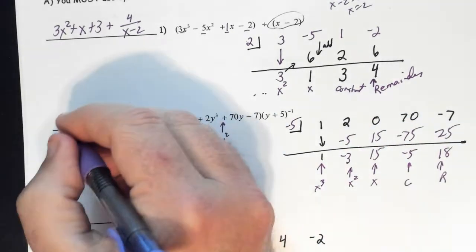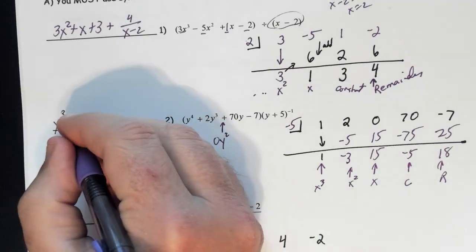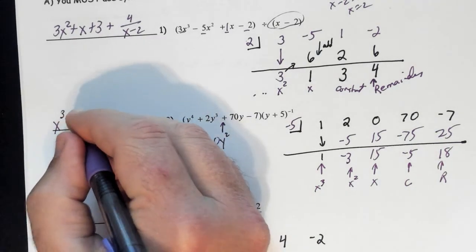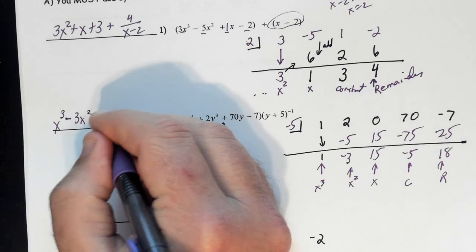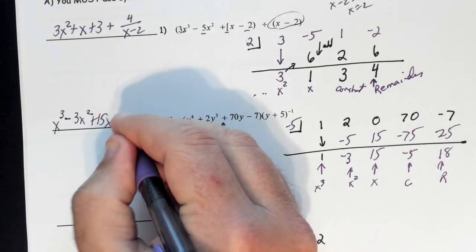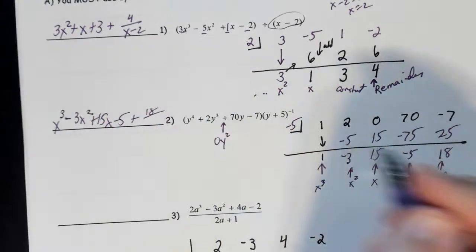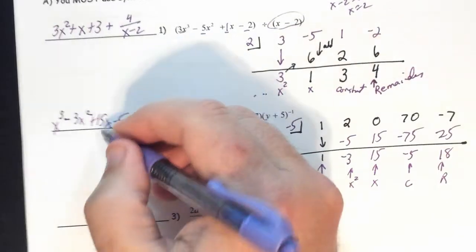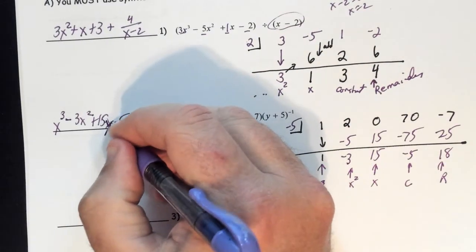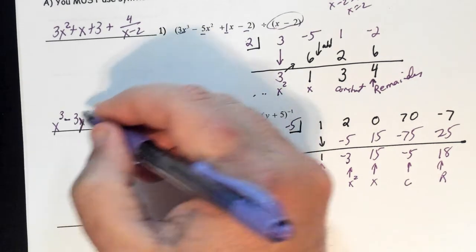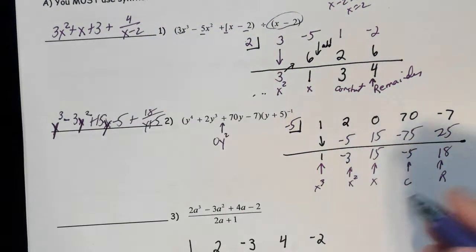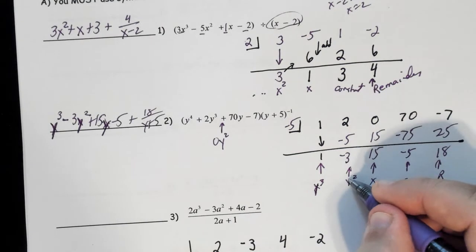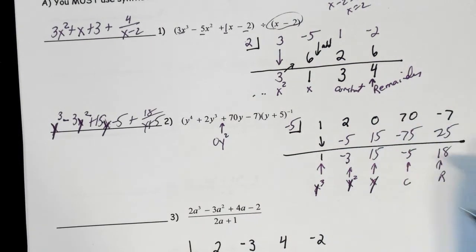We're going to have x cubed minus 3x squared plus 15x minus 5, plus 18 over y plus 5. And those should be y's. My bad, I'm so used to writing x's. That's a y, that's a y, and that's a y.